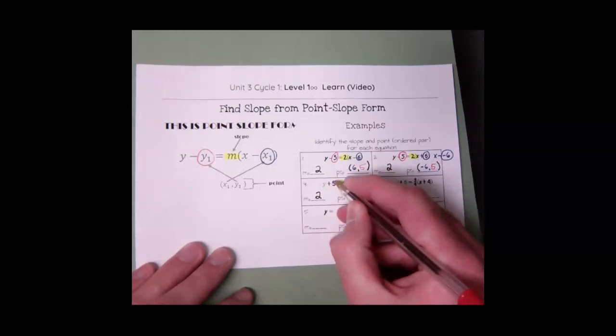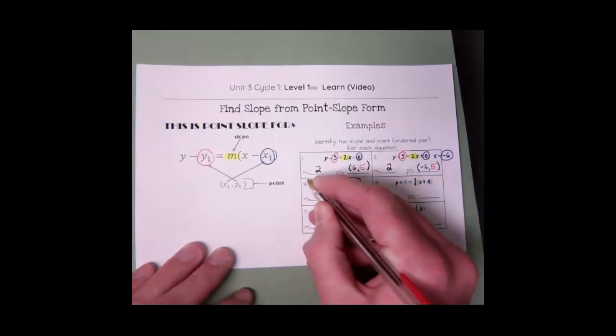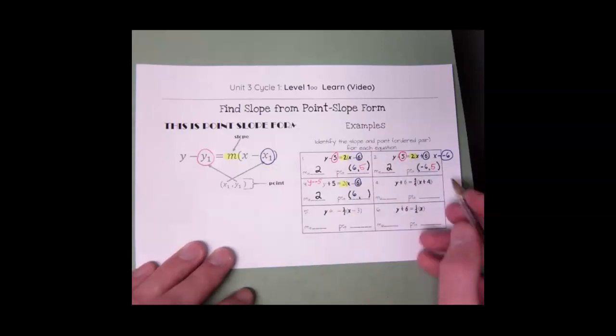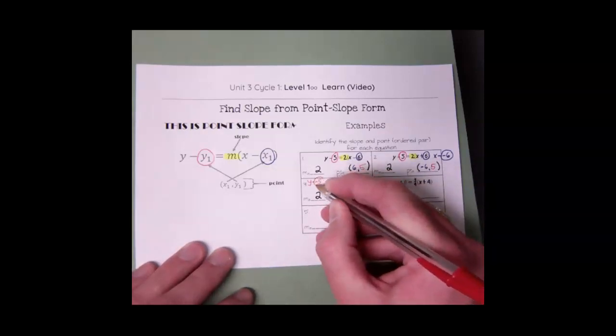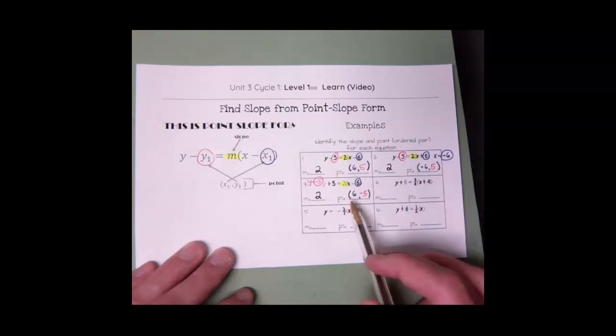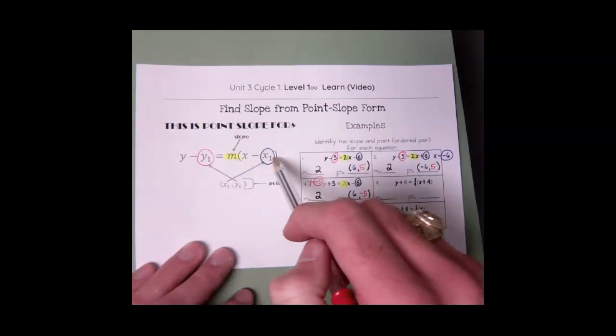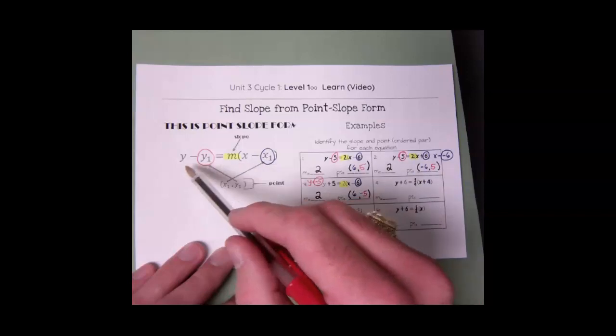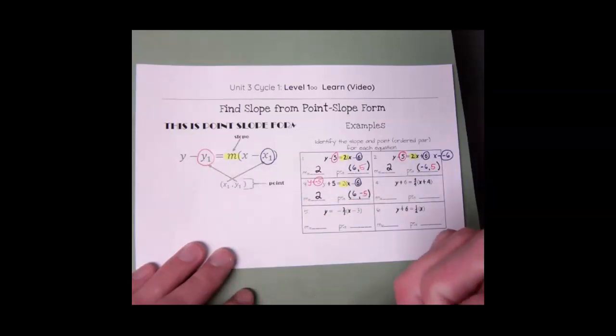So just like over here, we need to make sure that this is y minus negative 5. So really our true value is negative 5. Okay, so our point here would be 6, negative 5. If you are subtracting the value, you're going to have a positive number. If you are adding the value, you're going to have a negative number.